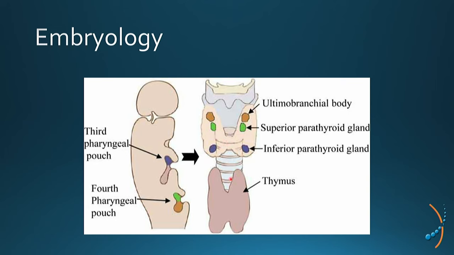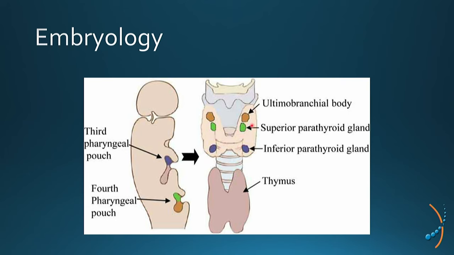The thymus migrates caudally and medially, pulling these parathyroid glands with it. They then lose their connection with the thymus, usually stopping at the dorsal surface of the lower pole of the thyroid gland outside its fibrous capsule.